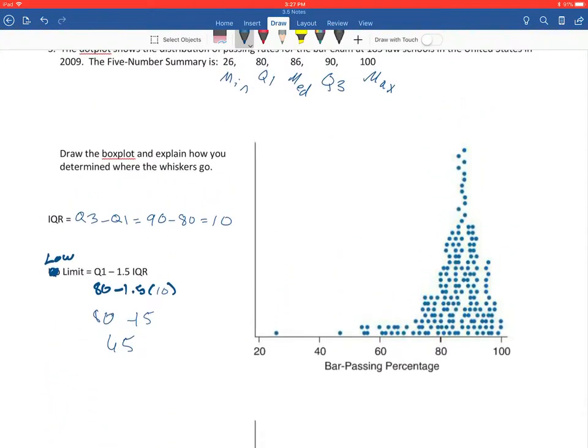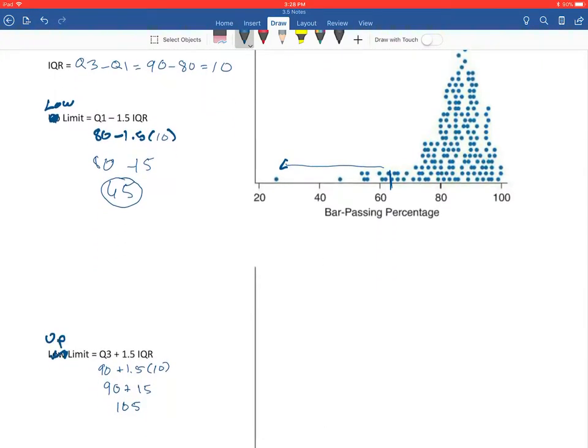So I'm going to go back up here and consult my 5-number summary and also my dot plot. Notice my minimum value, the very lowest value, is 26. Since there are values below this 65 mark, there are observed values below that. So I am going to keep that as my limit, and anything below that is going to be flagged as a potential outlier.